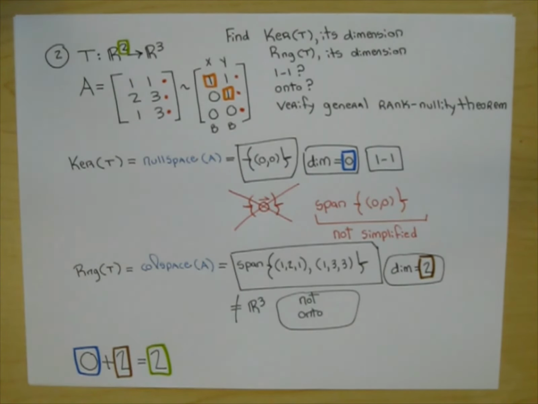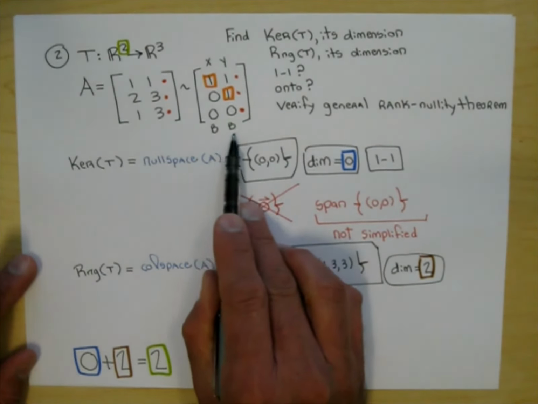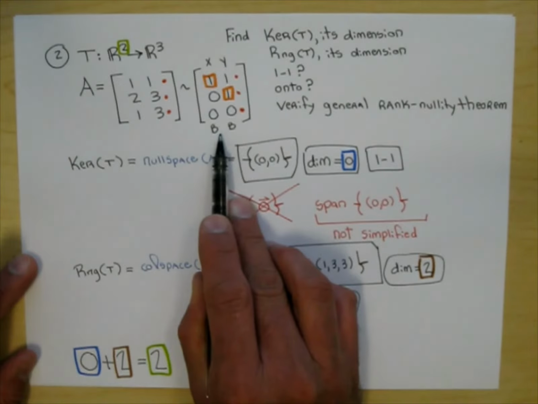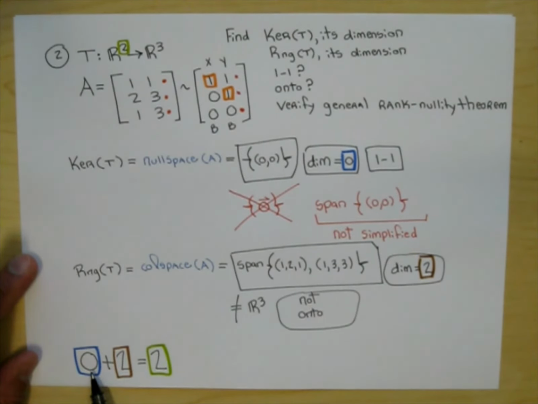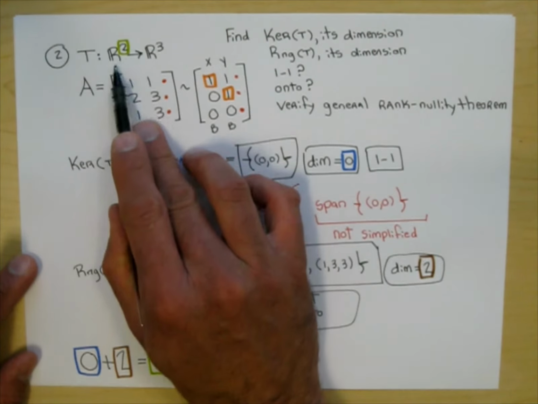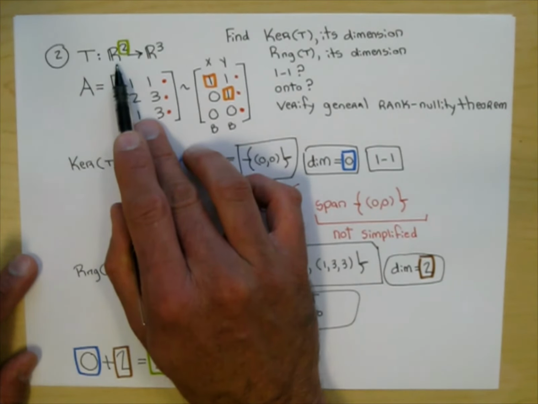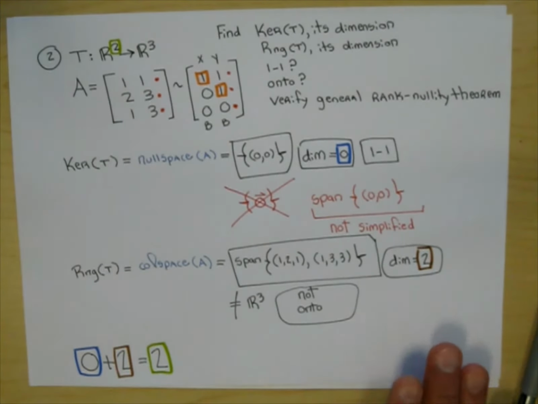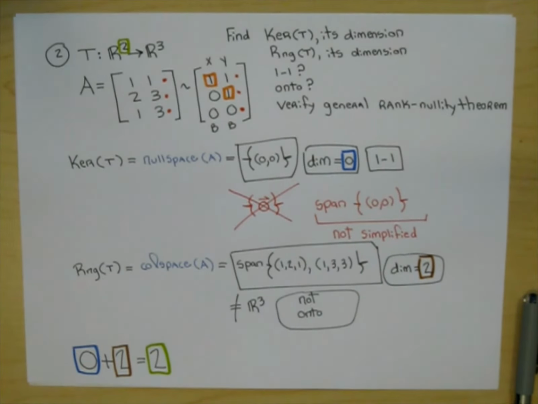I know those are a lot of words, new vocabulary, but really what it says is there are 0 free variables, plus 2 bound variables, equal the number of variables. And the number of variables you get from the columns, and the columns line up to the dimension of this first one. So this completes problem number 2.